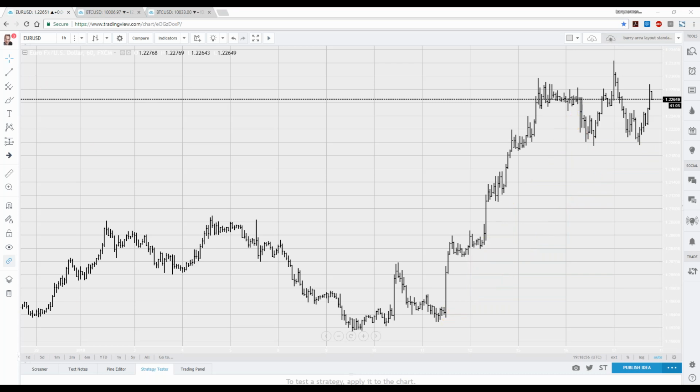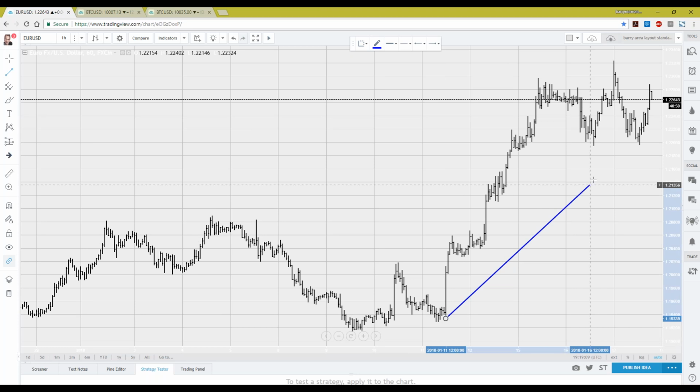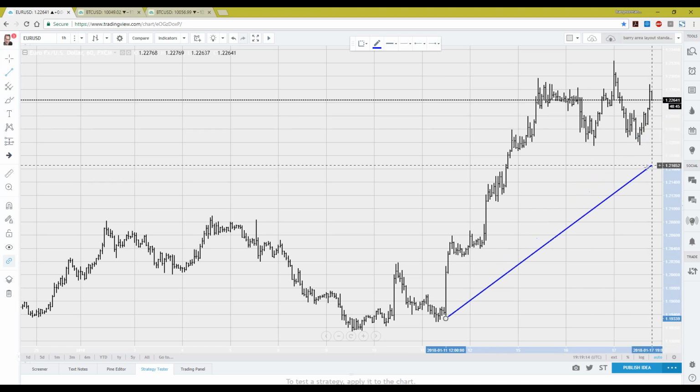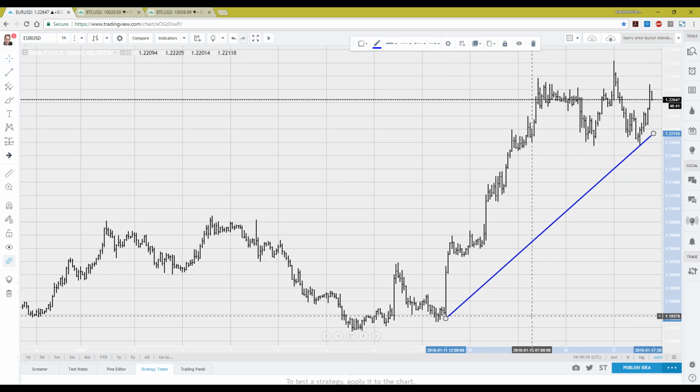So let's drop a real one on the chart. Okay, so this would be the proper trend line for the Euro US dollar 1 hour chart, because as you can see, price has not violated that trend line anywhere.